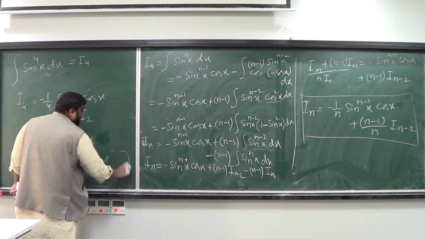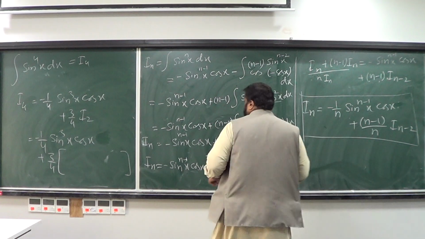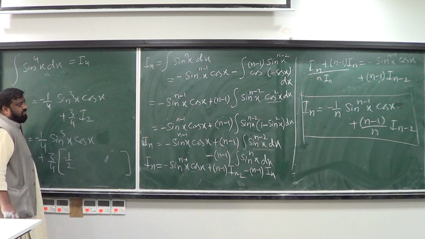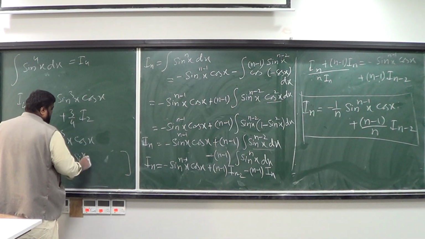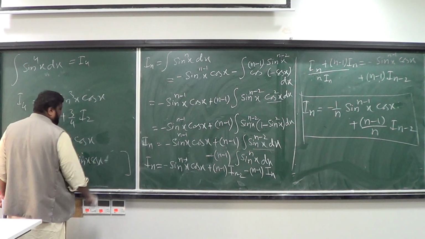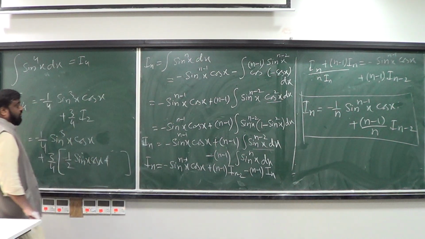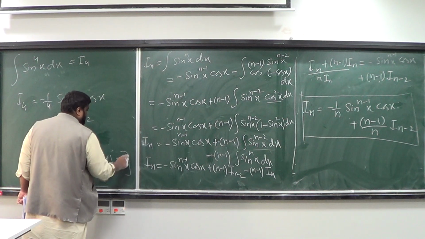So how can I calculate the value of I_2? I_2 will become minus 1 over 2 sine^(n-1), in other words sine x cos x, and plus (2 minus 1) upon 2, so it's going to be 1 upon 2 I_0.